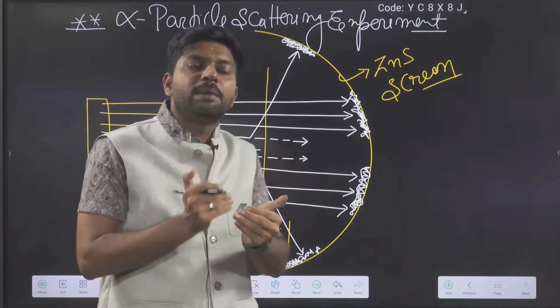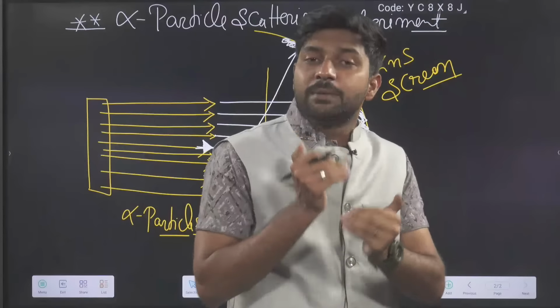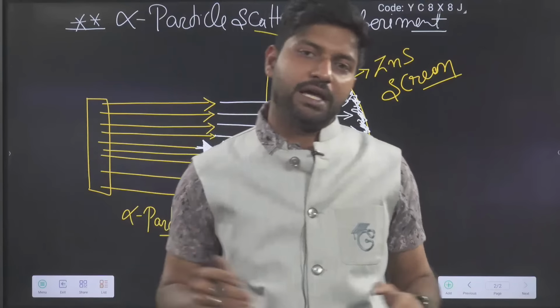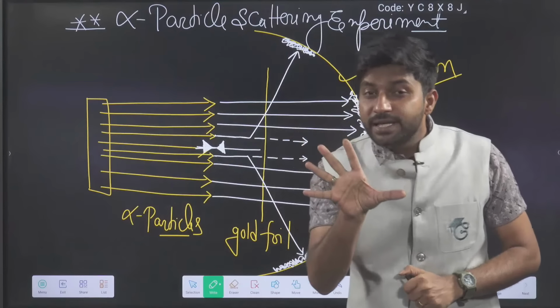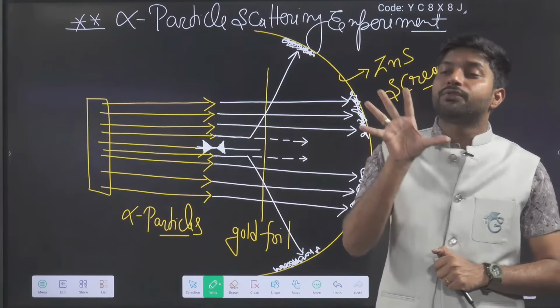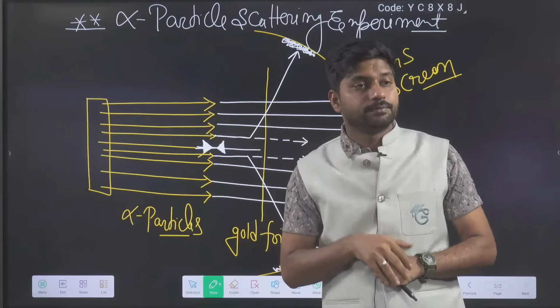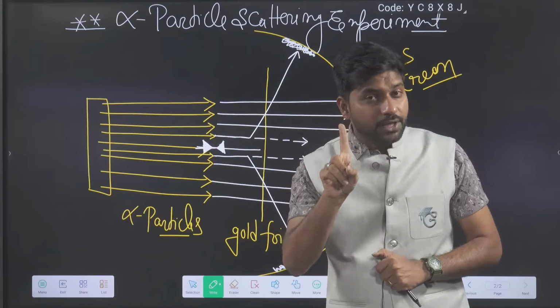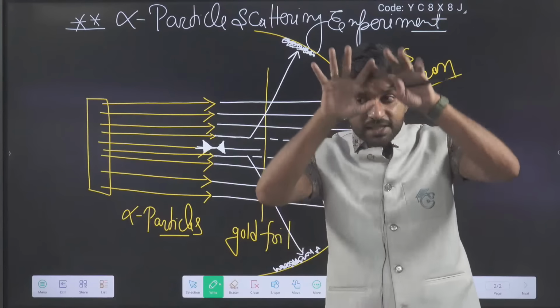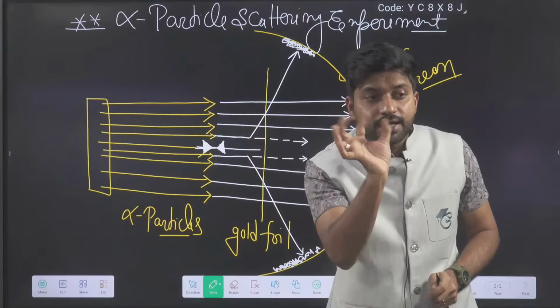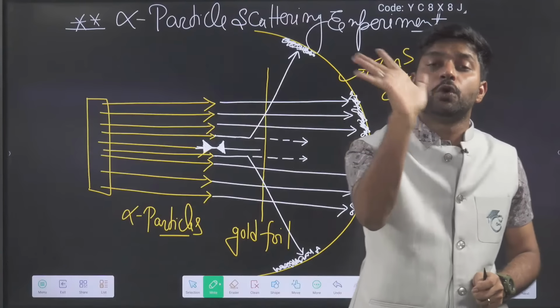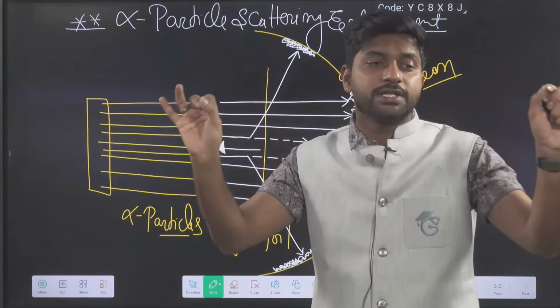From here, about the atom, some perception we can make. What is the first perception? The maximum part of the atom, I repeat, maximum part of the atom is vacant or hollow. No one is there.